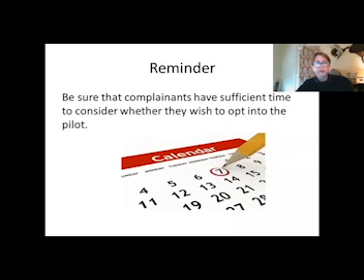Just a reminder, make sure that the participant has a reasonable, sufficient amount of time to consider whether they wish to opt in. The Commission hasn't put a time frame specifically on what is sufficient, but just make sure that it isn't an immediate, decide what you want to do right there and then kind of thing.